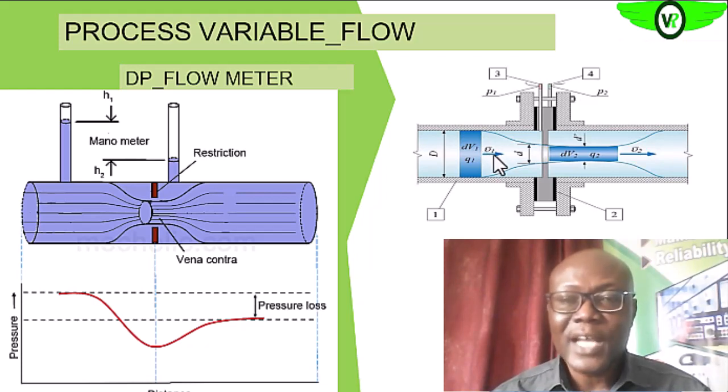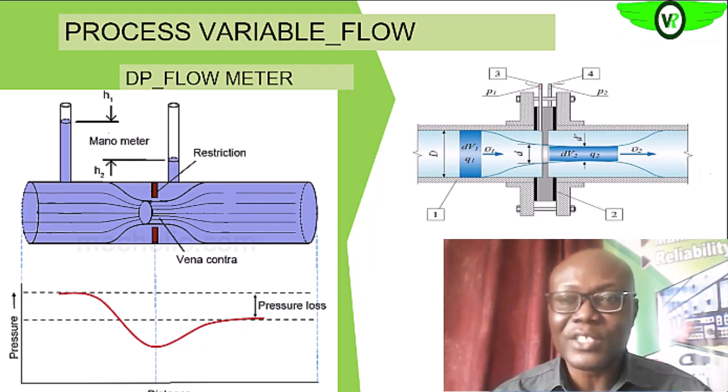Then, as you constrict or restrict the flow to go through the orifice, constrain the flow through the orifice, it's like you are throttling the flow. As you are throttling this flow, that will do what?